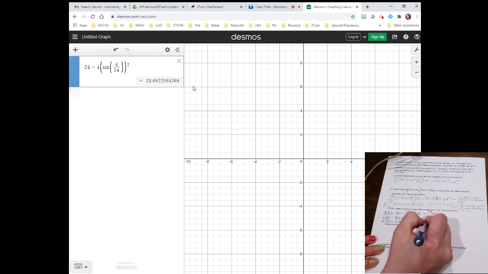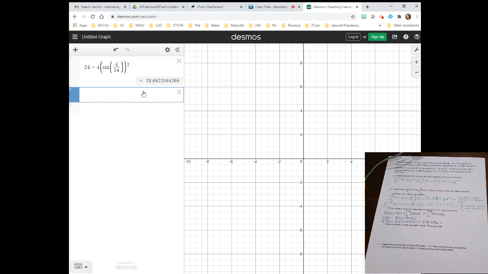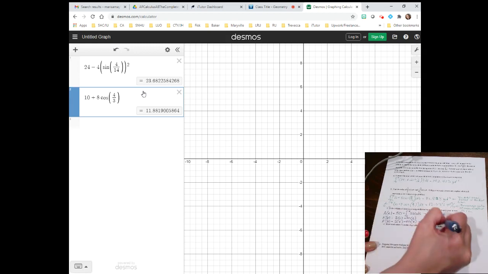That's 23.682. And then let's find m of 4, which would be 10 plus 8 cosine of 4/3. And that gave me 11.882. That means it's going to be positive.